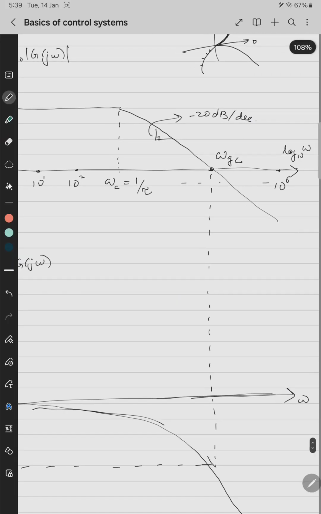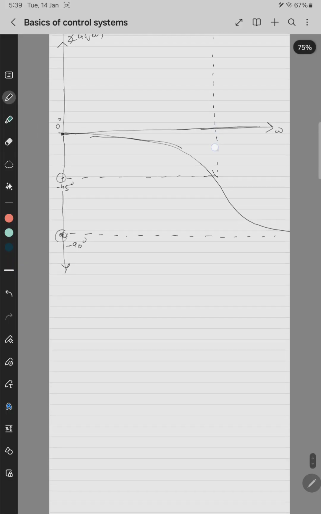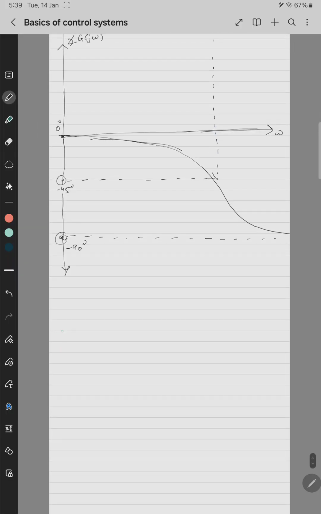So this is the gain crossover frequency, and phase crossover frequency means where it cuts minus 180 degree. Here. So this becomes minus 180 degree. So draw a parallel line to this. So this is a special case where this graph does not touch minus 180 degree.